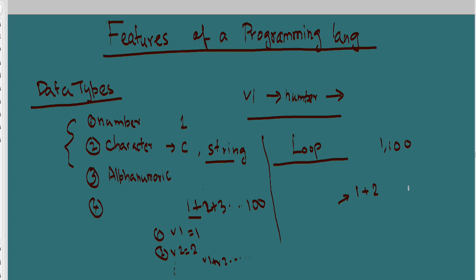So how do you do it? You have to continuously repeat, and the repeat operations are done with the help of a loop. Any programming language has to support loops. A typical structure of a loop, though there could be different syntax, is while.